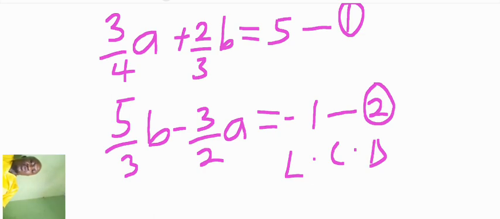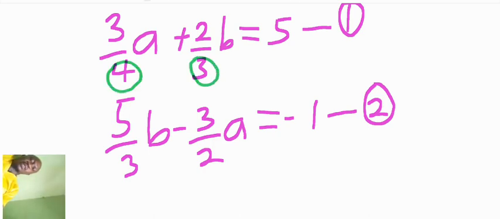That is, you're going to look for the denominators of the fractions and see what is the least number that the denominators will divide exactly. So taking equation 1 for instance, we can see that the denominators are 4 and 3.